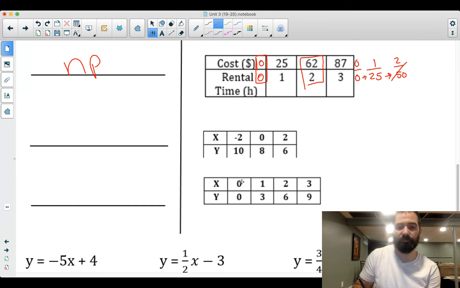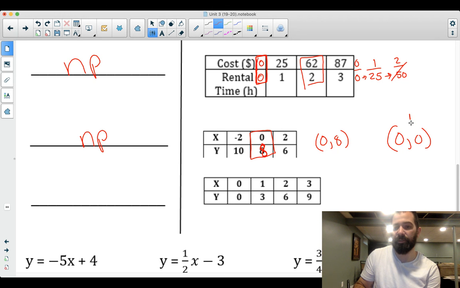Next two. You're identifying, looking for this 0, 0. There is a 0, but since the other number is not 0, it's an 8, that means it went through the point 0, 8, and you need it to go through the point 0, 0. You need that. This one went through 0, 8.